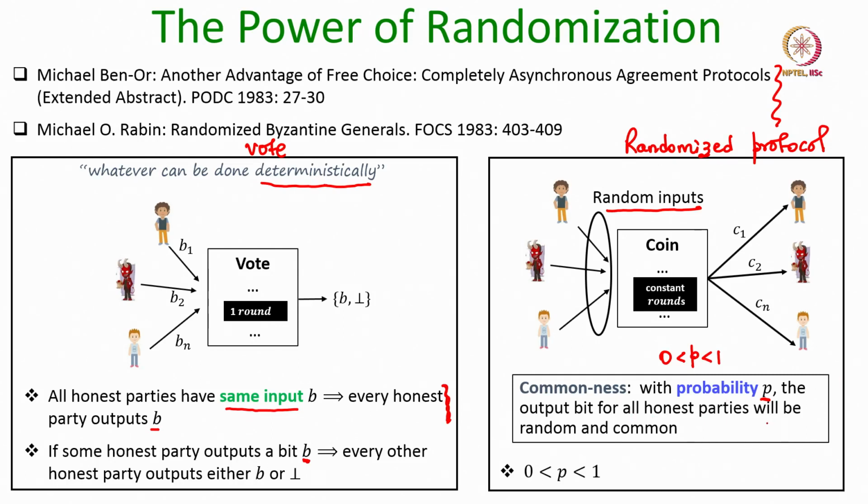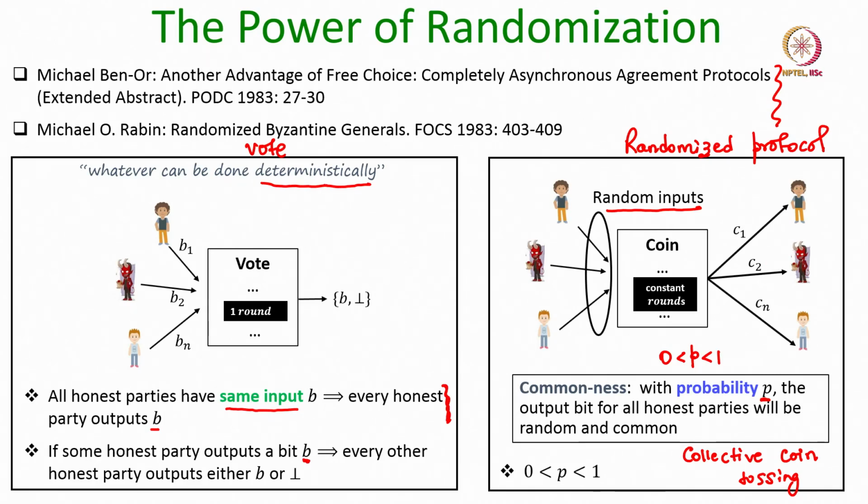So, you can imagine this coin primitive as some kind of collective coin tossing, because it is a distributed protocol. Every party will be participating with some random inputs, and they expect at the end of the protocol, after interacting for a constant number of rounds, each party has a coin value, and with probability p, it is a random coin and the same for everyone. Okay.